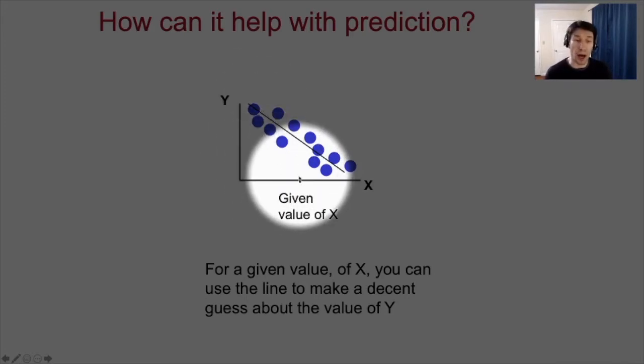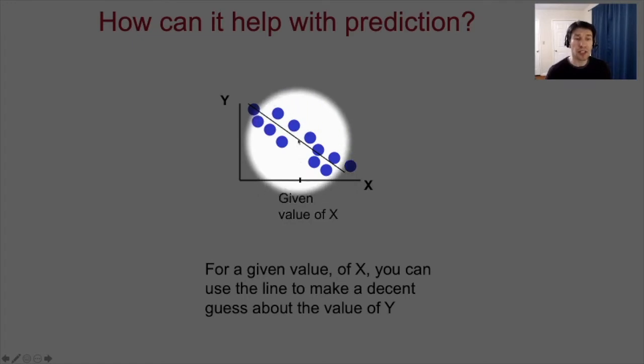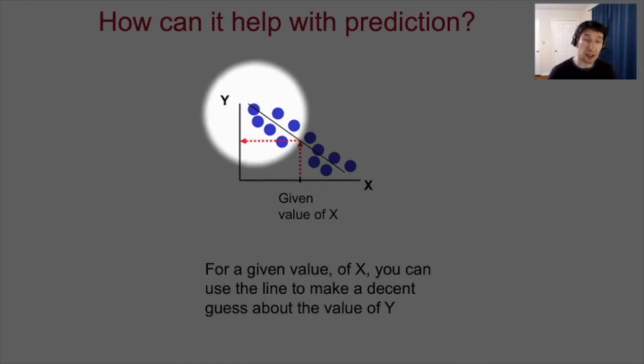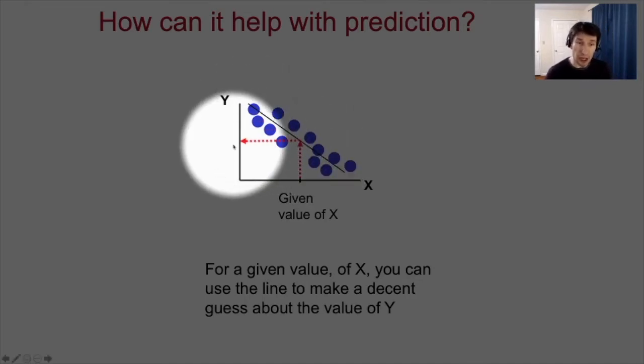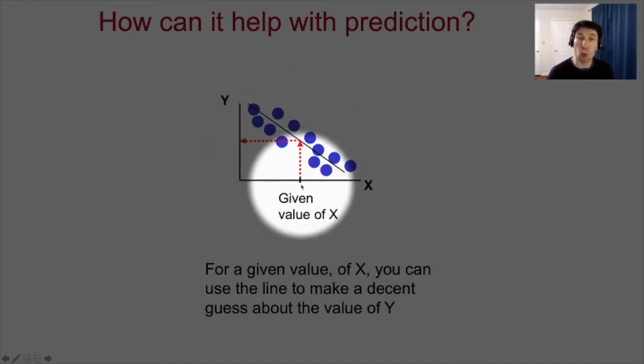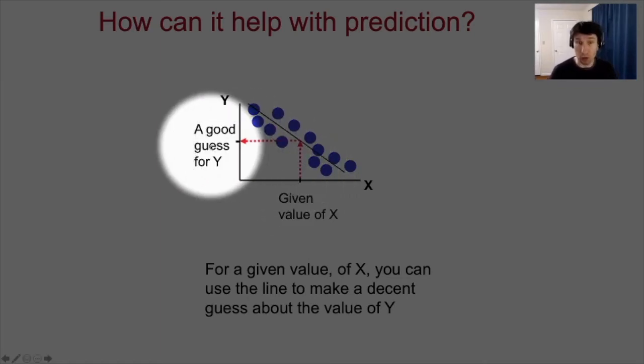You would like to know y for this value, which doesn't actually have an observation. Well, what's your best guess? Your best guess is that it's going to be pretty close to this line. So in this sense, you are using the regression line to predict what y might be given the value of your x. And that's how you get a pretty good guess for y.